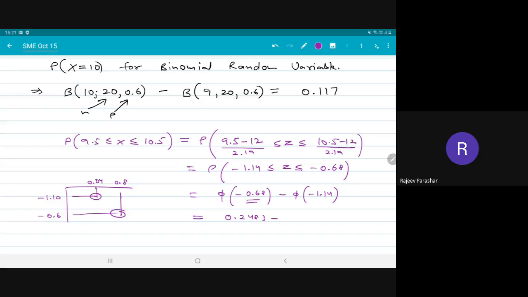That is correct, 0.1271. Just do the maths and get me the difference. It should be 0.1212. Correct me if I'm wrong.